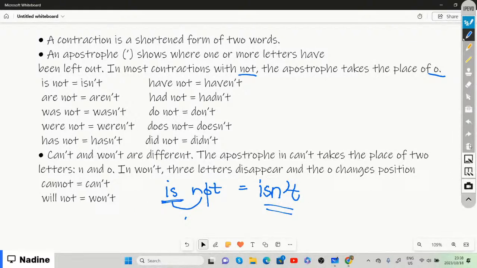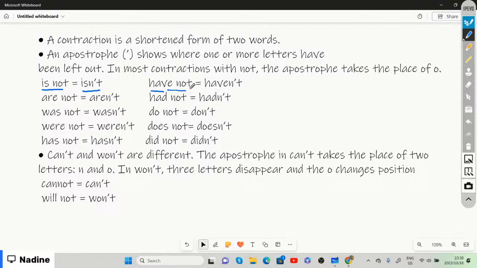All right. And if we look at a few examples of contractions with not, there we have one example that we just did, which is is not, and our contraction is isn't. Have not, which is haven't, right? Haven't, which means that our first word, have, stays the same.